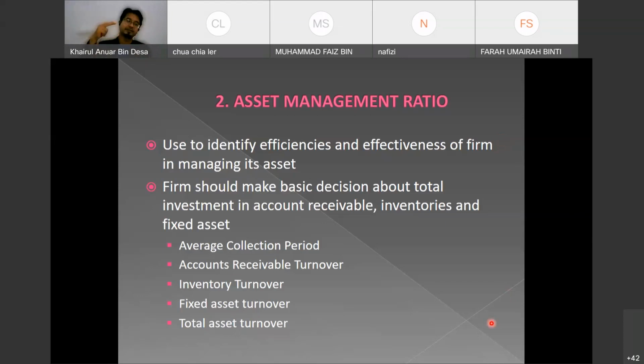Seperti juga fixed asset, dia ada item-item jangka panjang. Dan juga other asset, also got the item under the other asset. Because we want to calculate all these things in the asset management ratio.